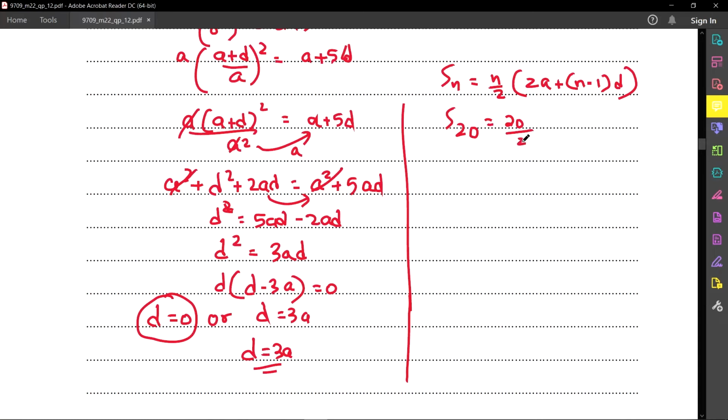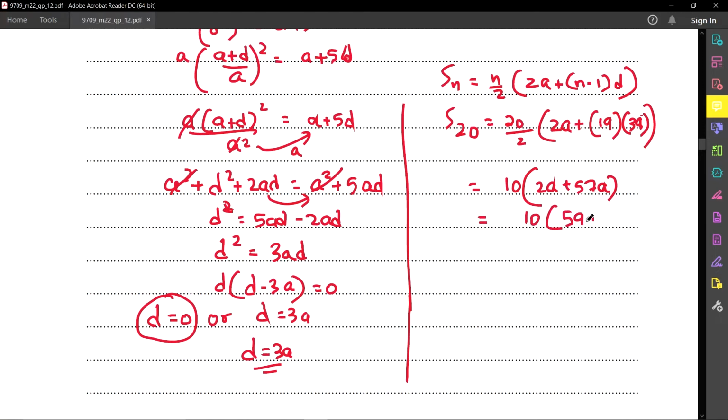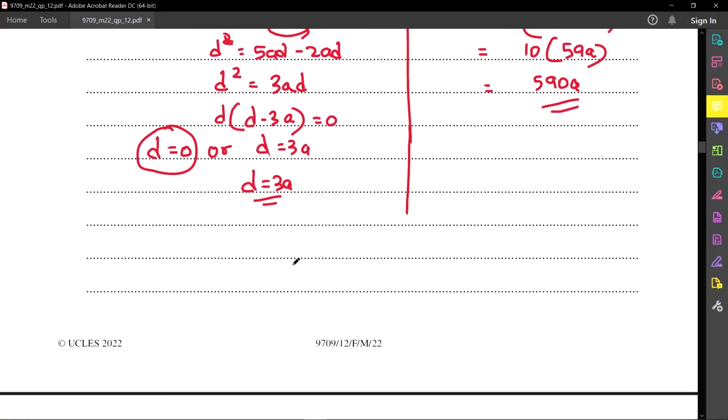So 20 by 2 into 2a plus 19, 20 minus 1 is 19, and d is 3a. So this will give you 20 by 2 is 10, 2a plus 19 threes are 57, 57a, 10 times 59a, and that will give you 590a. So this is your final answer.